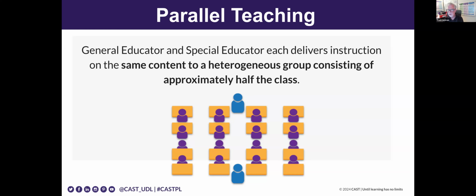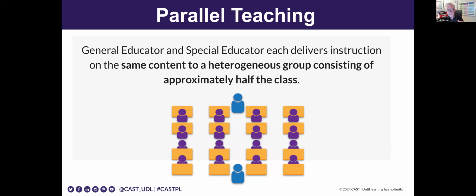Now, the image we're looking at here is important because the blue figures represent the co-teachers, and it doesn't say one is the special ed teacher, one's the gen ed teacher. It represents two teachers in the classroom, half the class facing forward, giving their attention to that one teacher, the others looking the opposite way at the other teacher.